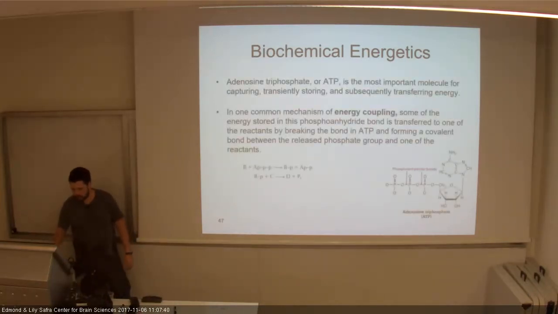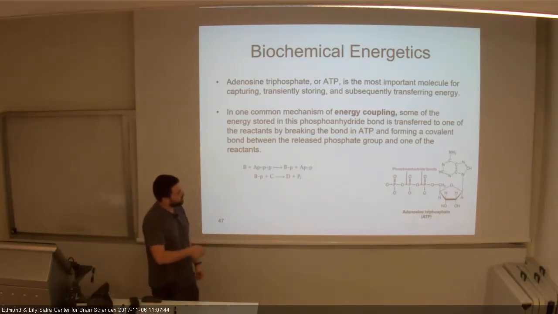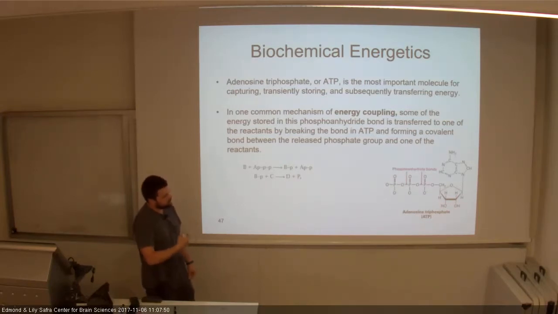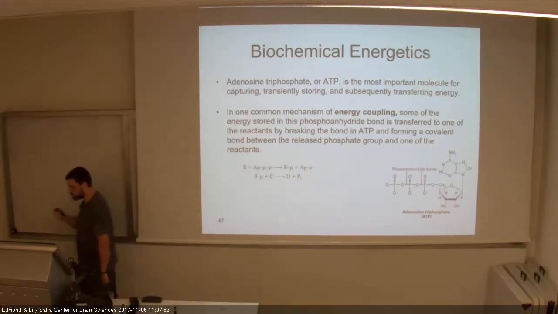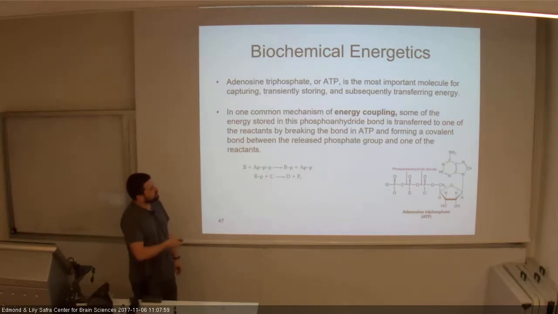We mentioned a very important molecule called ATP, and this molecule is actually very similar to a base of DNA, as we will learn. We mentioned it briefly, and we'll talk about it much more in the rest of the semester. What's special about this molecule is that it is the energy coin of the cell.